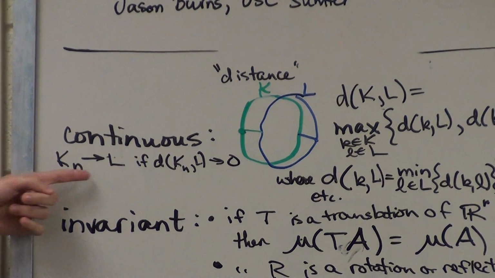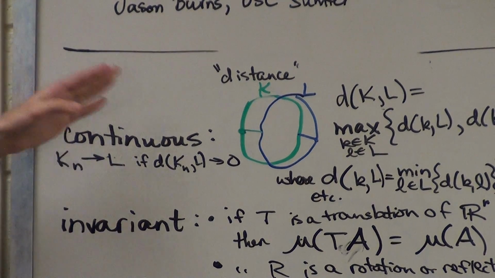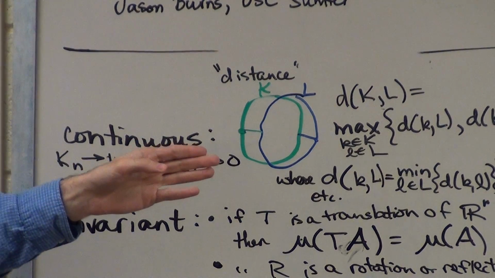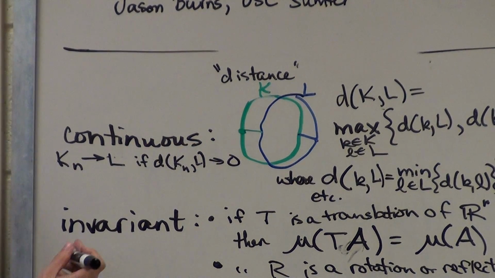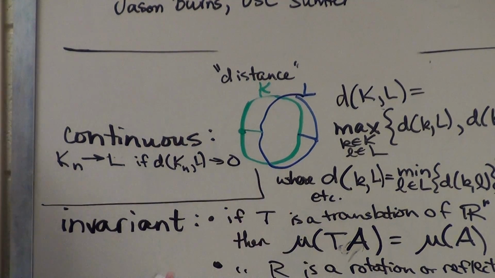If we have a sequence of sets, we can say it approaches another set if the distance between them goes to 0. And then now we can define continuous.